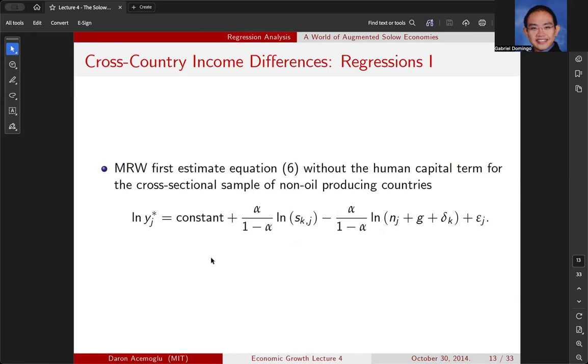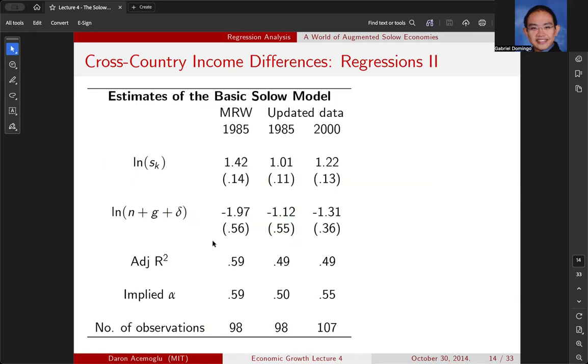So what's our estimation? Let's focus here on MRW 1985, 1.42. This is their estimate for alpha divided by 1 minus alpha. Please check that if your coefficient is 1.42, then your implied alpha is 0.59, or let's say 0.6.